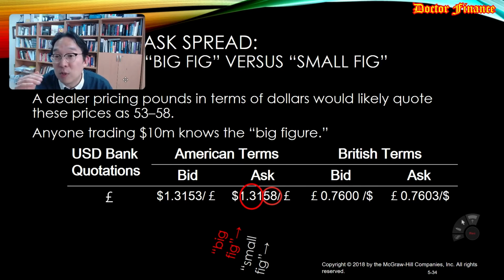It changes only within a small bound, so they just focus on the last two digits, which is called the small figure. The other digits are the big figure. In this case they would say 53, 58, bid price and ask price, only focusing on the small digits. That's the whole thing I want to tell you.